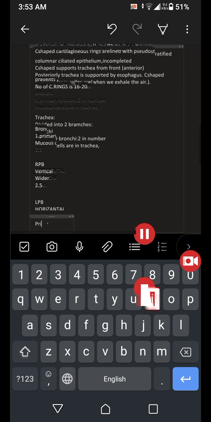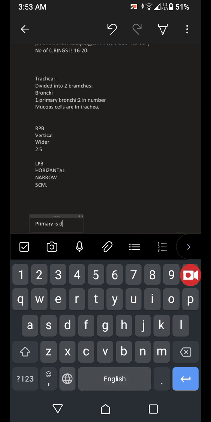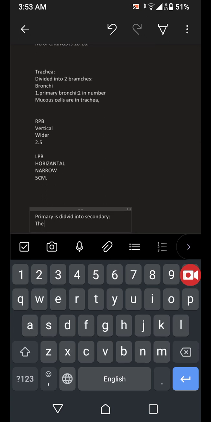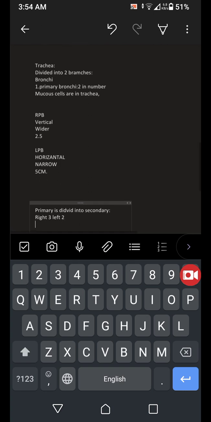Okay, so as I told you, the primary is divided into secondary, and the number of secondary in the right lung is 3, and in the left lung the number of secondary bronchi is 2.